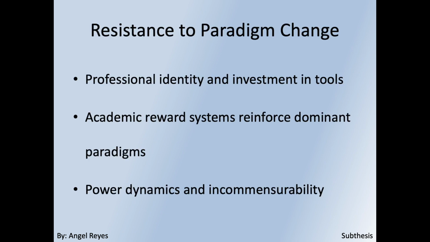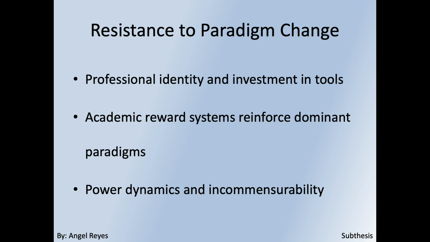Paradigm shifts don't happen easily. A few factors create the necessary resistance. First, researchers develop professional identities and invest in tools tied to particular paradigms. Second, academic reward systems often reinforce dominant paradigms through publication preferences, funding decisions, and promotion criteria.